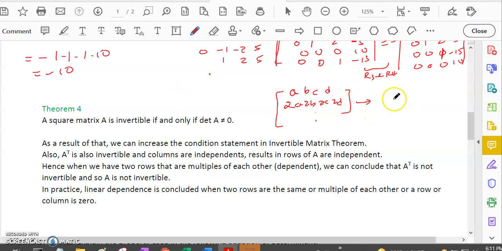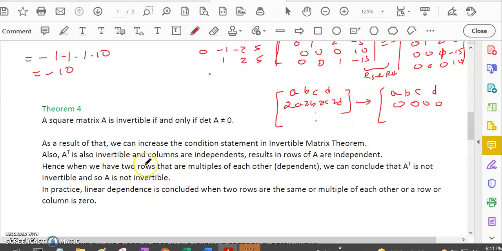You can change this into A, B, C, D and 0, 0, 0, 0 using row operations. And you see that this would stay at the end, no matter what you do in the middle. One of the products in the diagonal is 0, so the determinant will be 0.